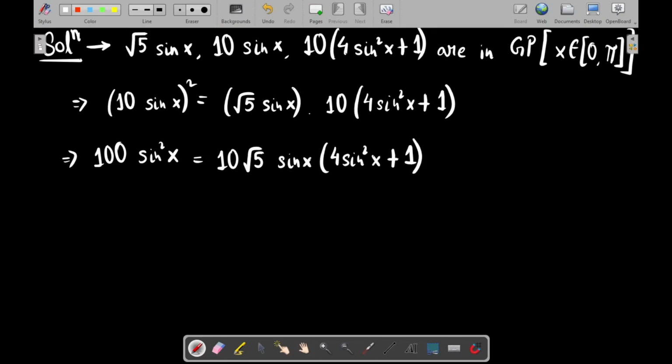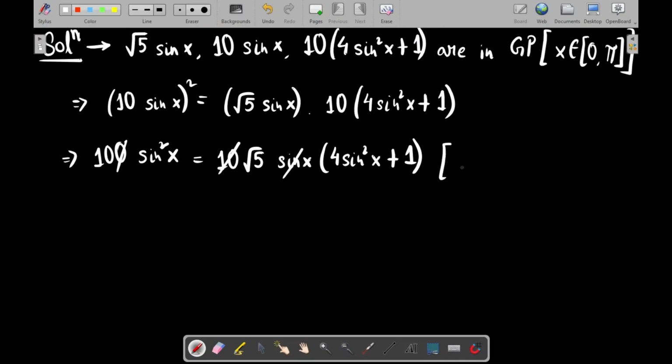So we can cancel this 10 with this 100, so we have 10 sin square x on the left hand side right now. And we can also eliminate a sin x.